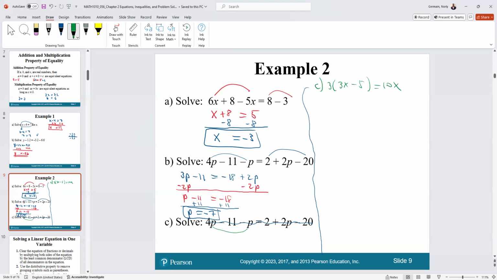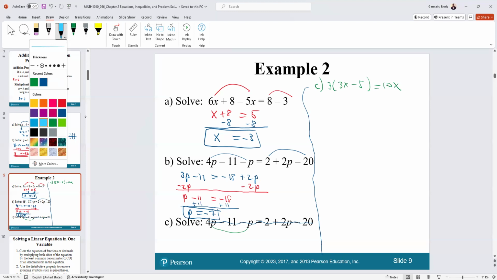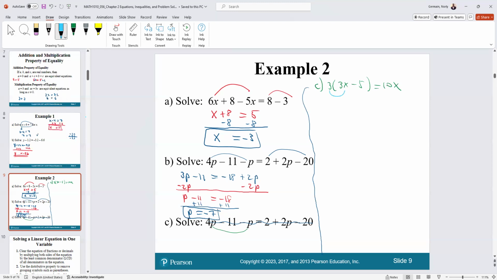Okay. First of all is this distribution. We must distribute. So we're gonna do this. We distribute the 3. 3 times 3x give us 9x. 3 times negative 5 give us negative 15 equal 10x. It's not all the time we must have x on the left. We can also have it on the right.